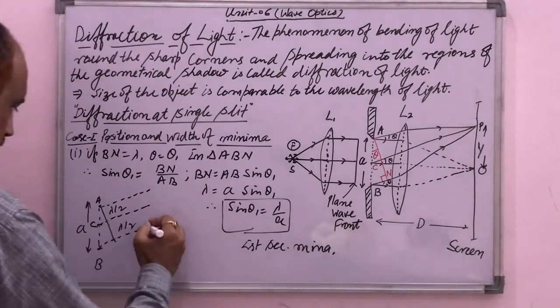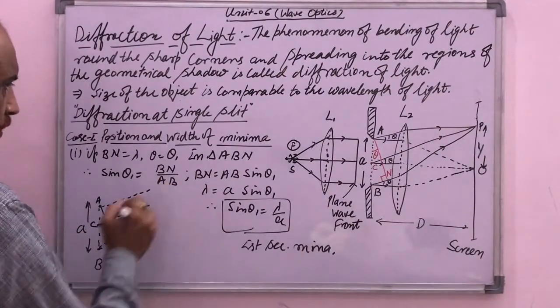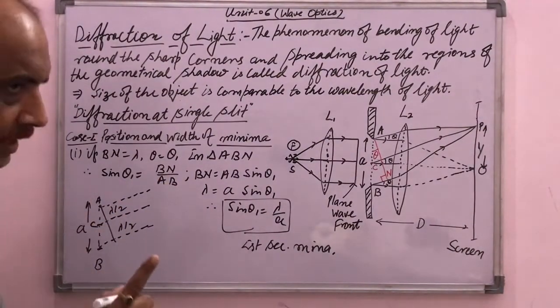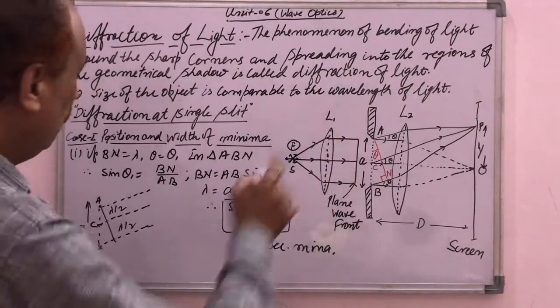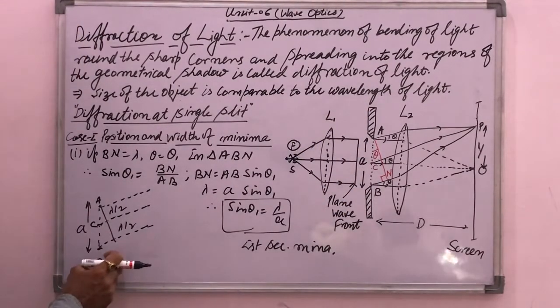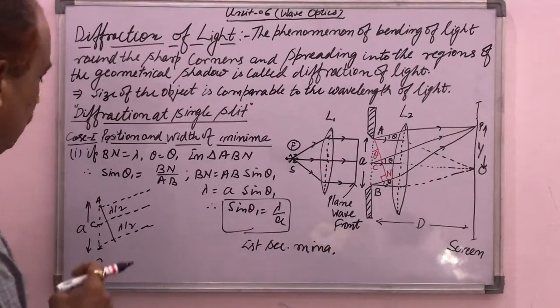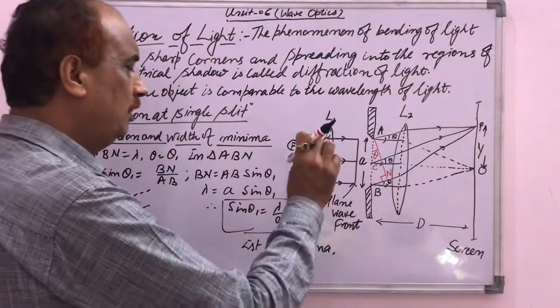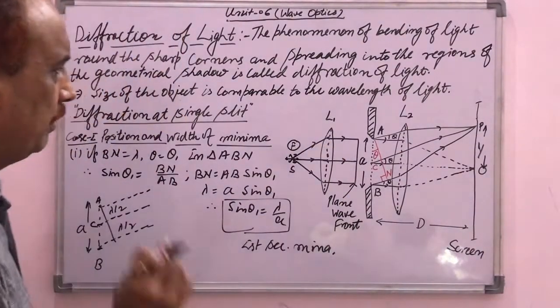In that condition, the light will be incident on the screen in opposite phase, therefore minima is obtained. So this is the assumption: the slit is divided into two equal parts.